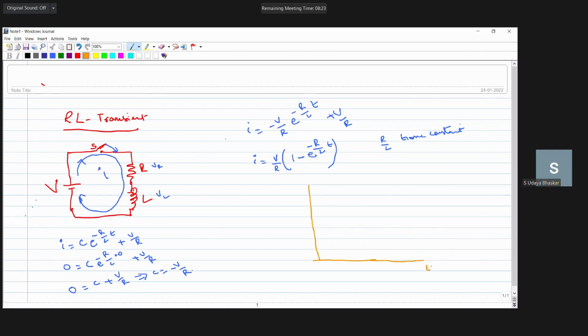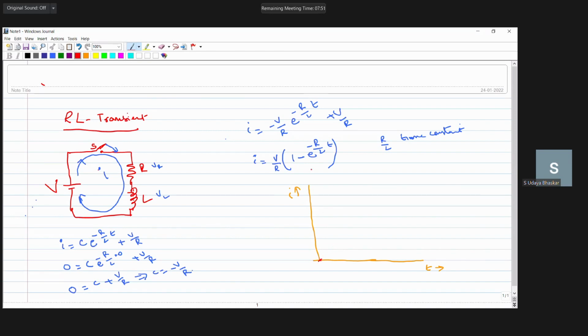This is time and this is I. With this, if you put t is equal to 0, then 1 minus e to the power of minus 0 is equal to 1, 1 minus 1 is equal to 0, 0 into V by R, that is 0. So put t is equal to 0, I is equal to 0.